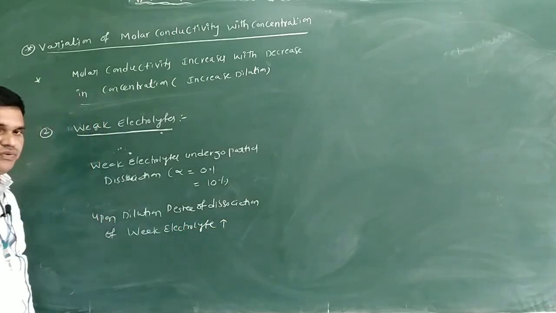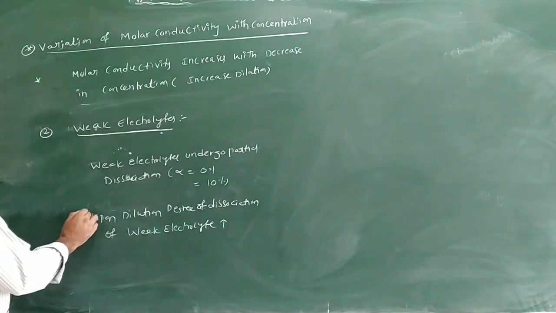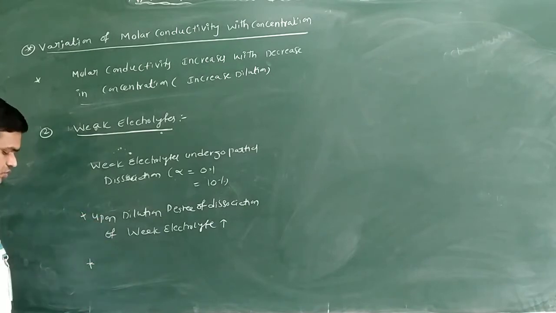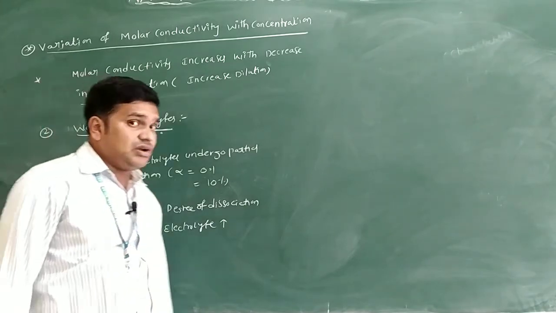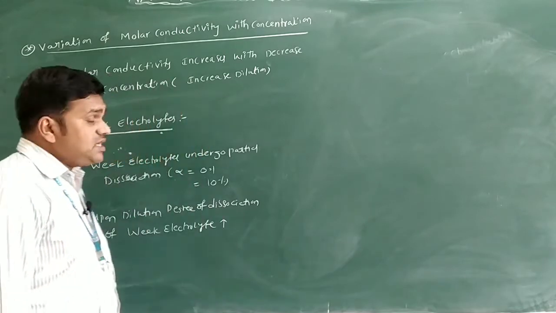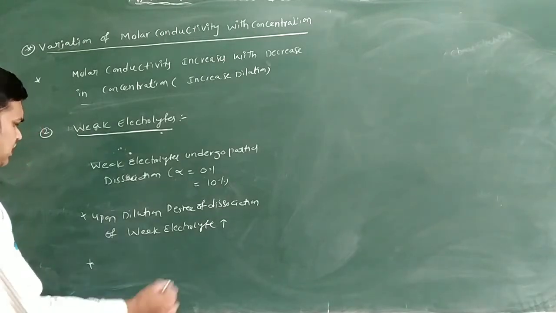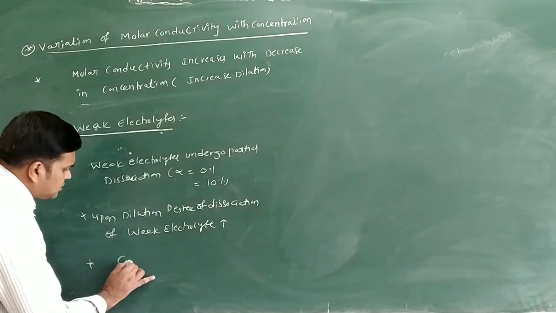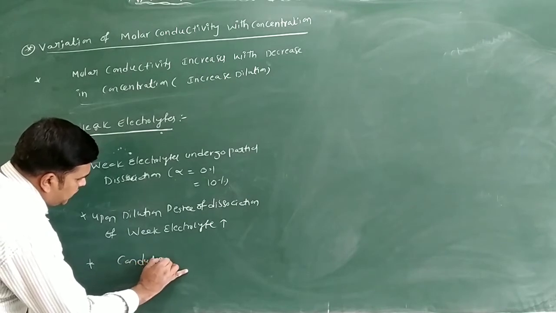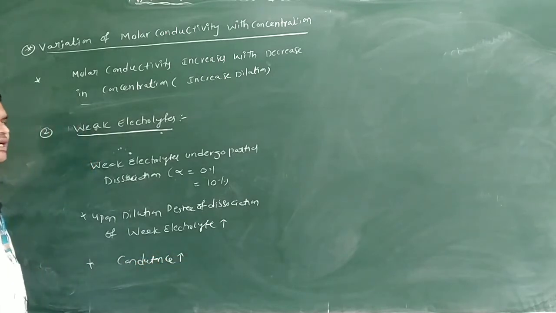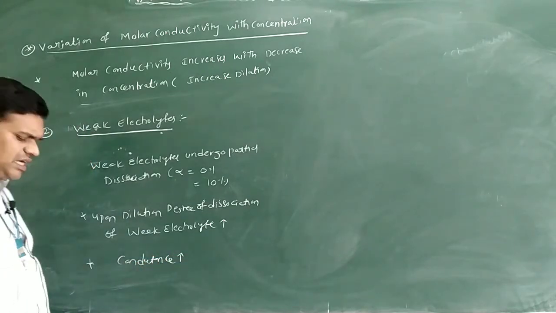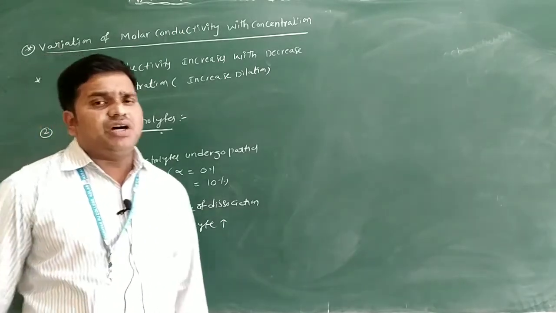But in case of a strong electrolyte, the degree of dissociation does not change. In case of a weak electrolyte, the degree of dissociation increases, so the conductance also increases, due to the mobility of the ions.